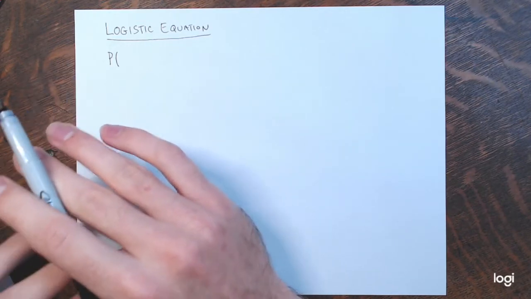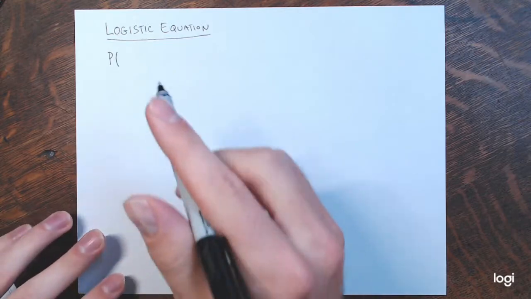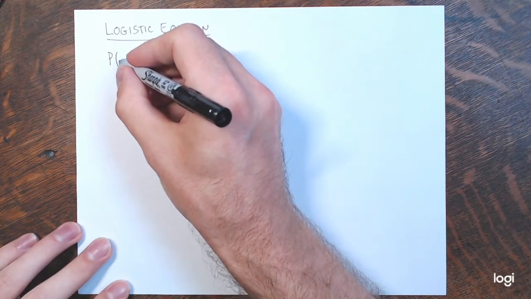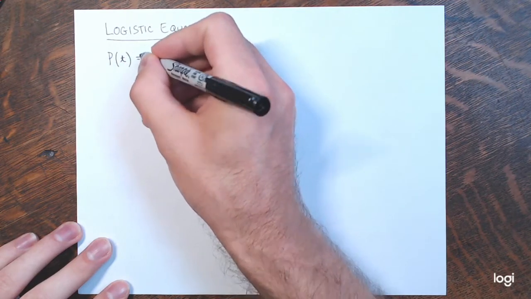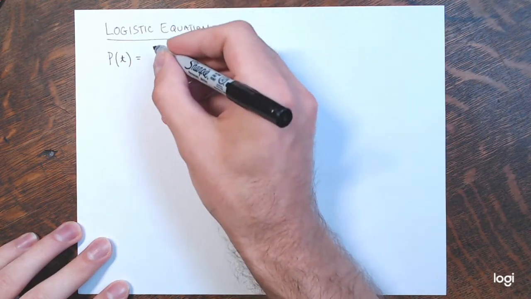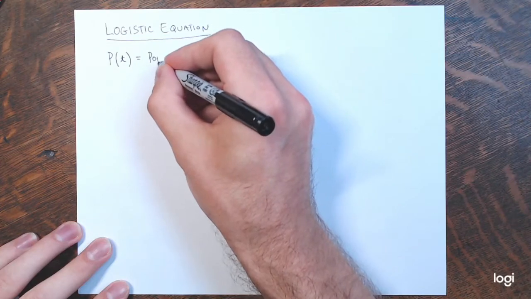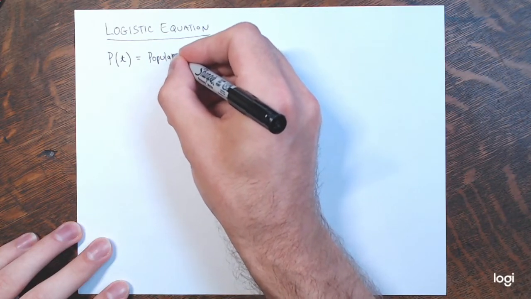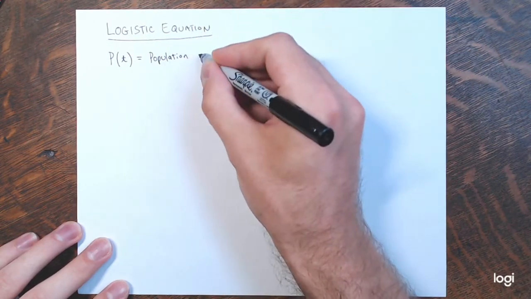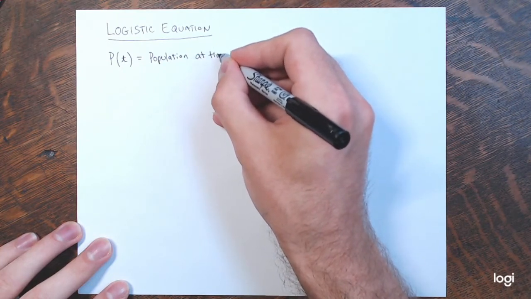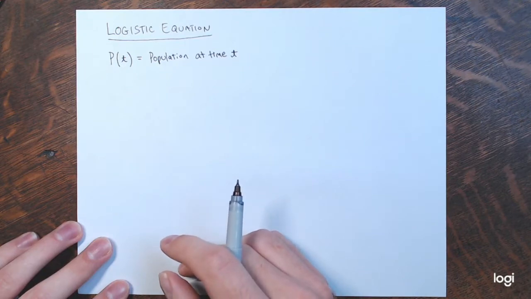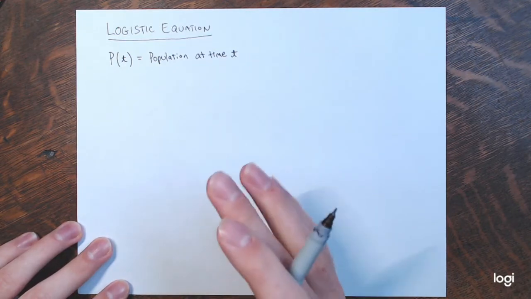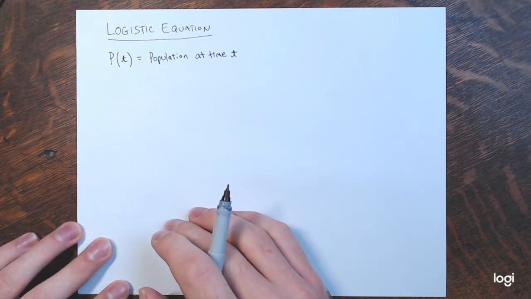I'm going to have P of t represent the population at time t, where t could be in units like years, months, days, or seconds, whatever the units are in the particular problem you're looking at.